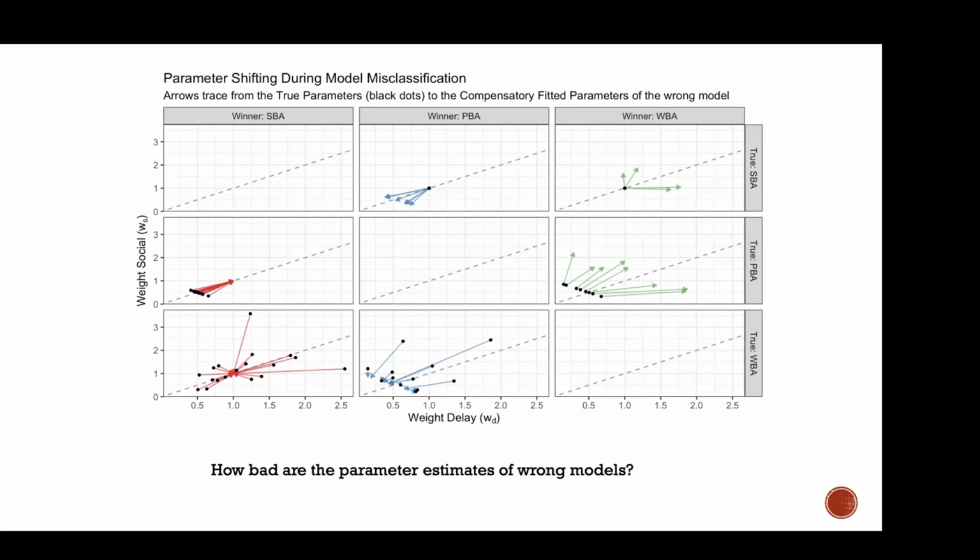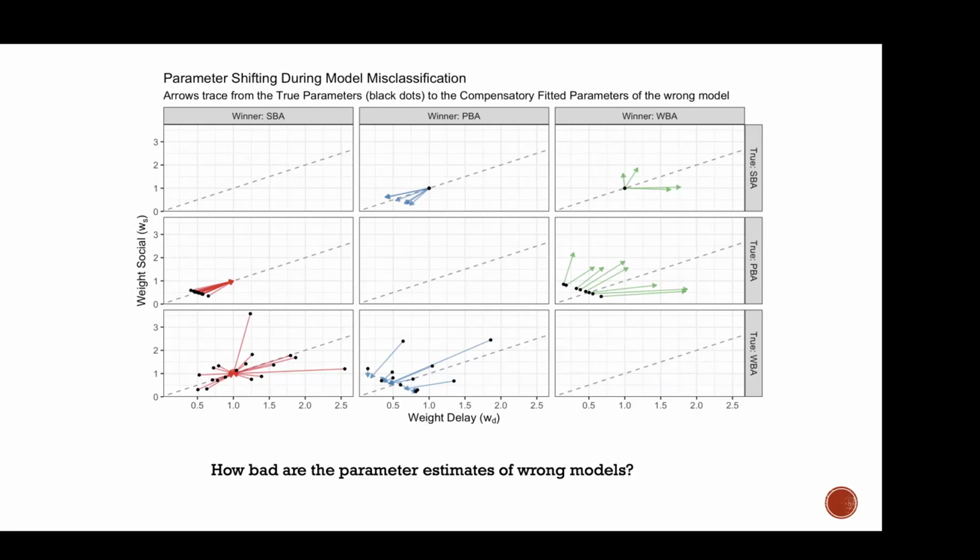This one is not that interesting because it always pushes things to 1. Here the winner is PBA, and it's sort of shrinking things to the diagonal. They're kind of in the same order, though, which is neat. And when the winner is the WBA and it's a wrong model, again it keeps the same ranking, but it spreads them out.